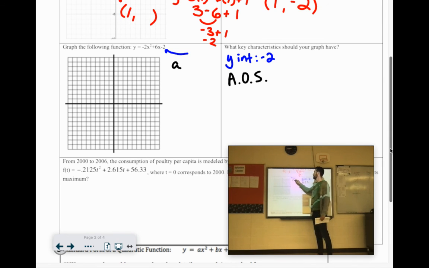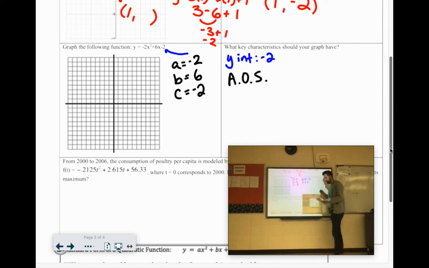So let's see, a is -2, b is 6, and c is -2. So calculating the axis of symmetry, it's x equals the opposite of b. b is 6, over 2 times a. a is -2.